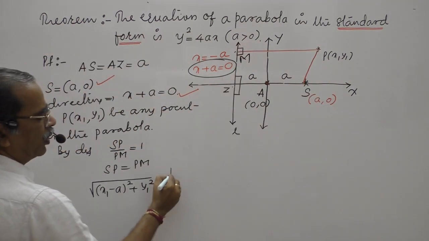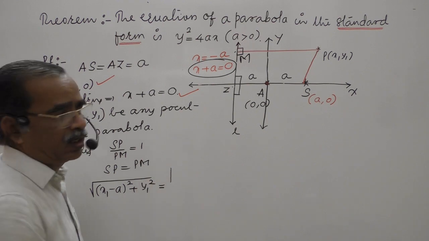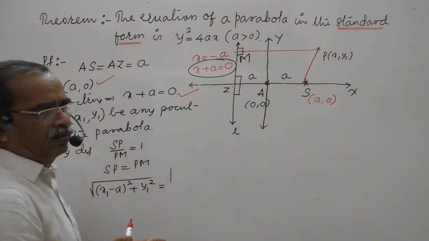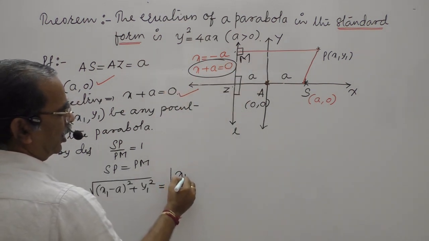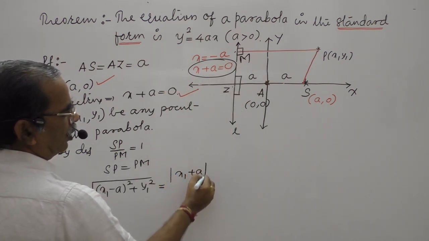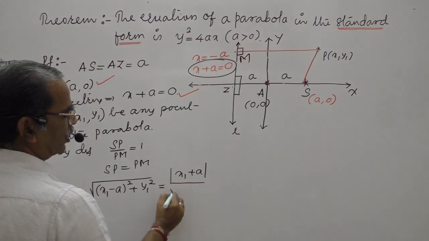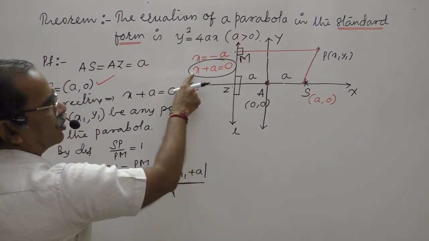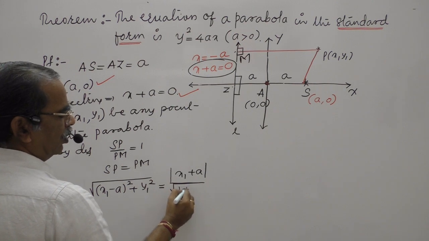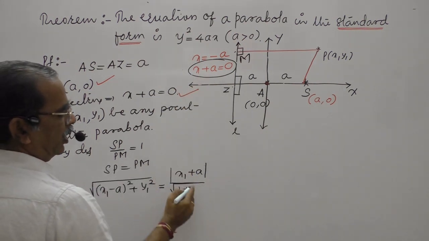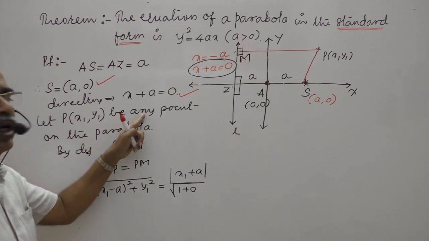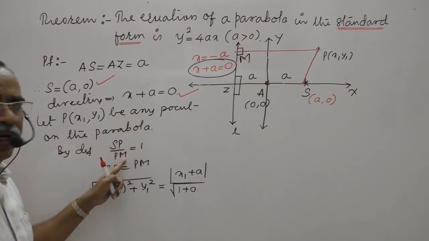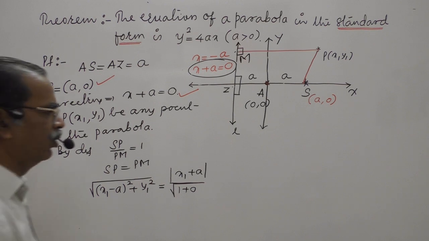We have seen the perpendicular distance in straight lines: mod of a x1 plus b y1 plus c, that means write the point in the line, by root over a square plus b square. What is a? X coefficient in the line. B is y coefficient. There is no y term. So parabola is a locus. We have taken a point, taken the condition, written the values.